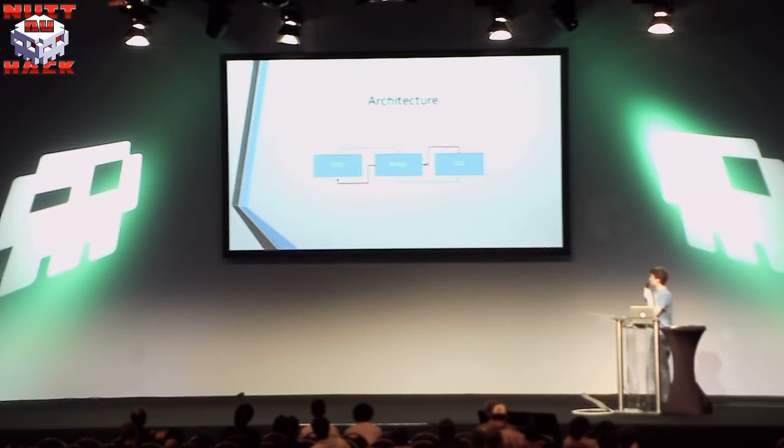Now, the architecture of the debugger is very simple. In the middle you have a bridge, and this bridge basically relays messages from the debugger, which is the core of the debugger. It handles all these debug events, and it will relay them to the graphical user interface, where they can be displayed and you can interact with them.